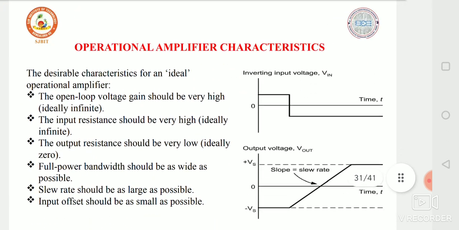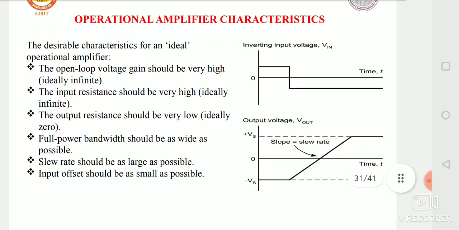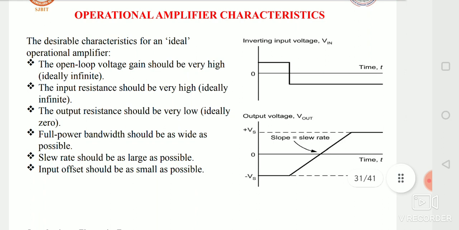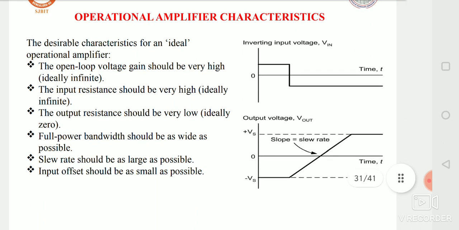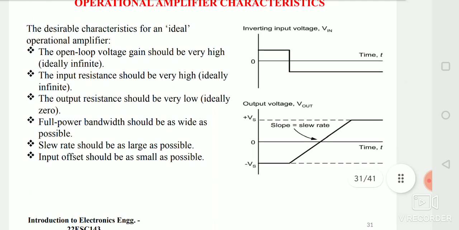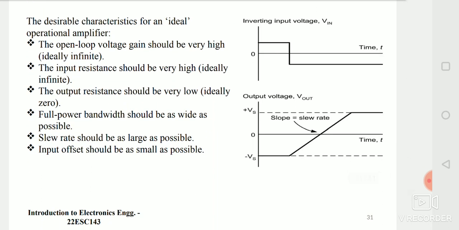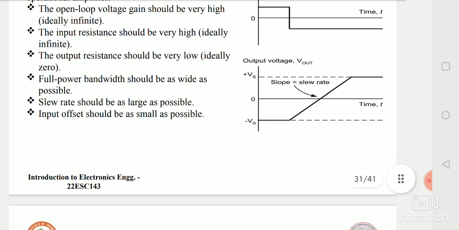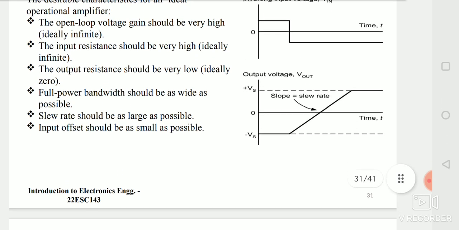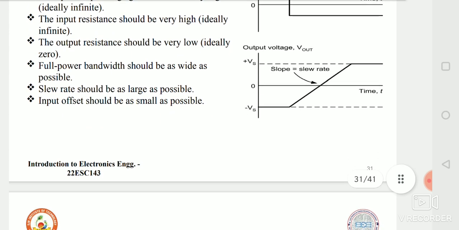So the typical values of the characteristics of an ideal op amp: open loop gain should be high. Ideally, the input resistance should be very high, infinity. Output resistance should be very low, that is 0.